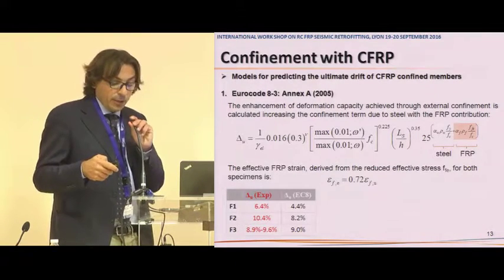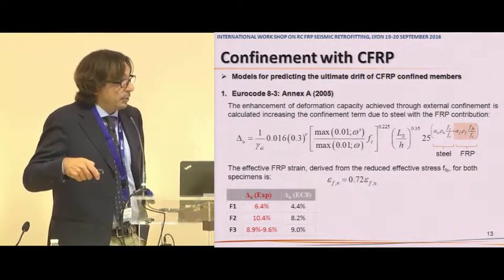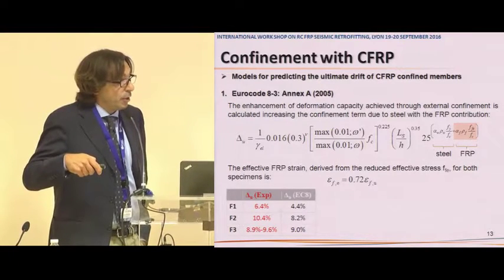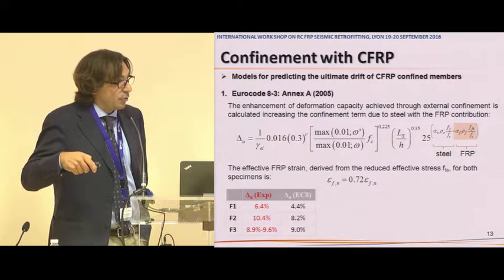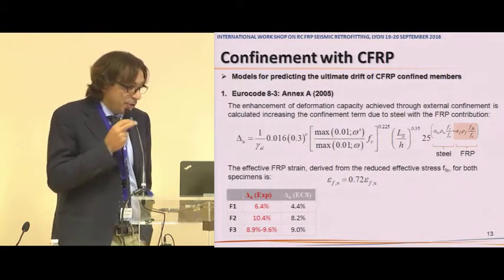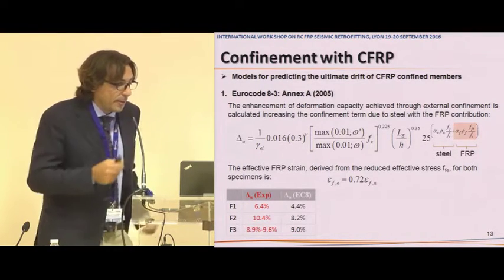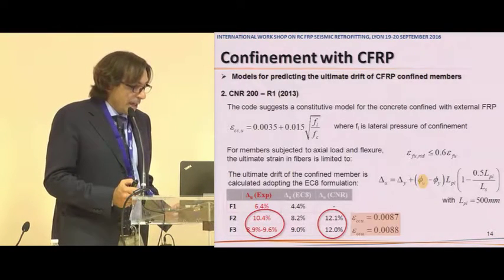So if we compare what we can obtain by using the available expressions, this is the Eurocode formulation, and in this case we can directly compute the ultimate drift by inserting the FRP contribution, which is inserted in this expression here. And in this case we have a quite good prediction with respect to the experimental results.